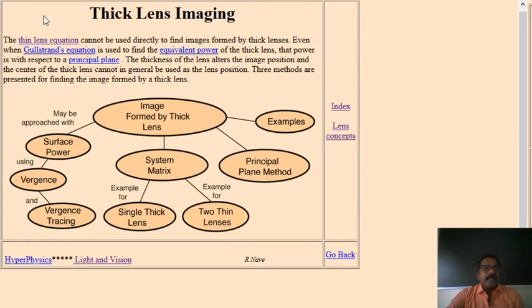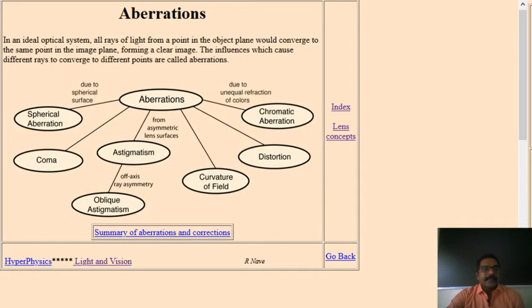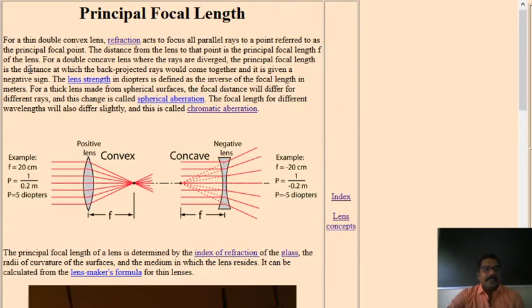Here the thin lens, so it's beyond our class. And what is the focal length? Focal length means the distance between the center of the lens and the image. Here the light is incident on the lens and converges to some point, a point image.